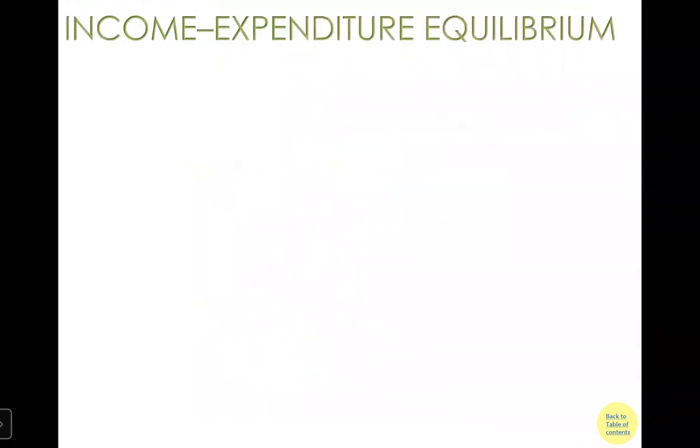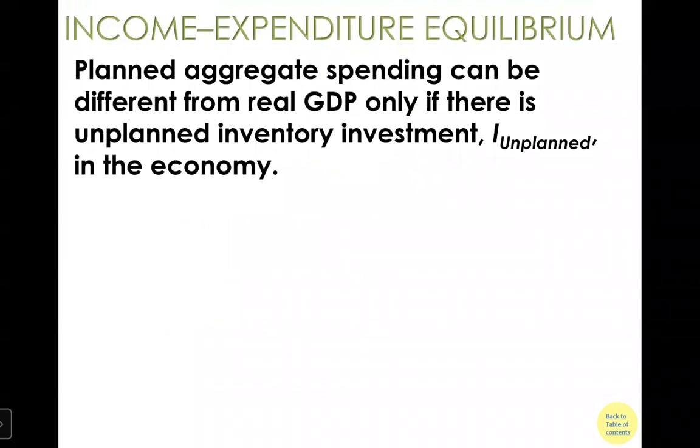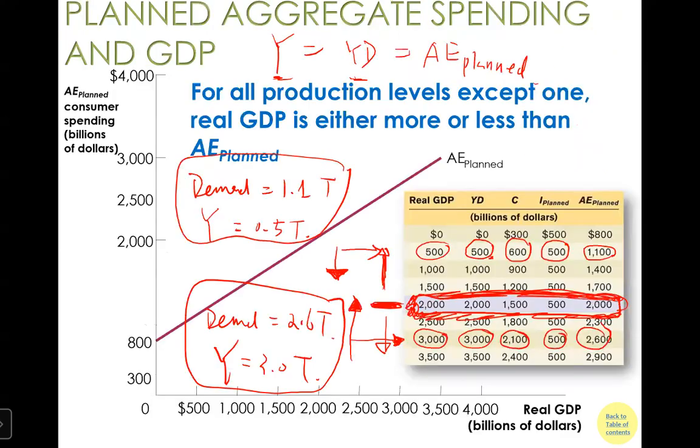Right? So actually the next slide summarizes what we just discussed. Basically the planned aggregate expenditure spending, which is AE, may not equal Y. If they are not equal to Y, that just means you have unplanned inventory, like in the previous example.